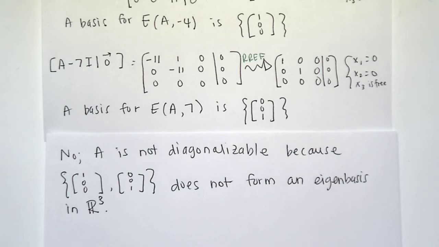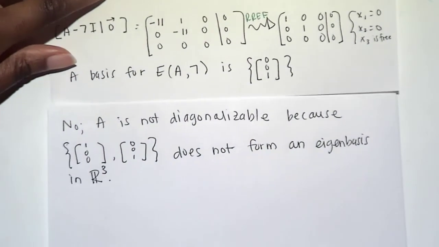We did not have enough eigenvectors. So this actually tells us something about the multiplicity, our geometric multiplicity. Here's our note.